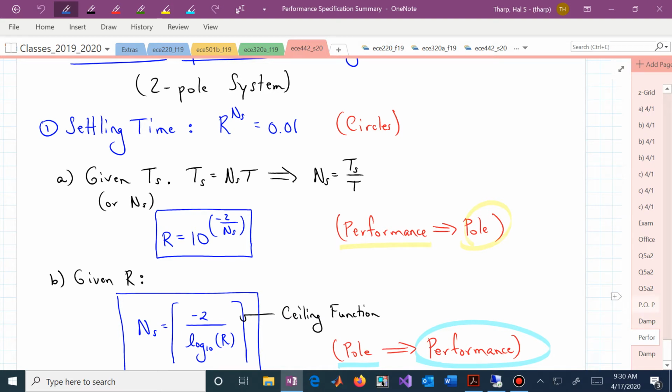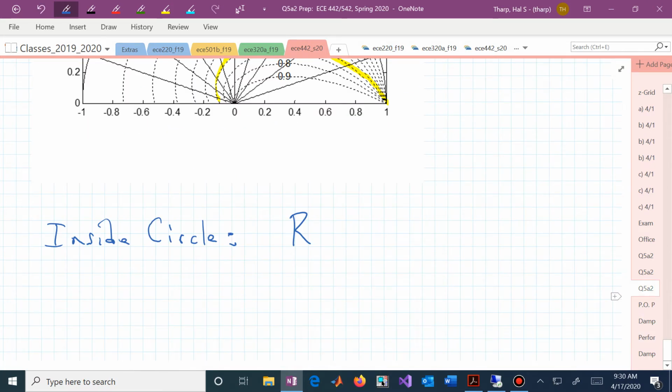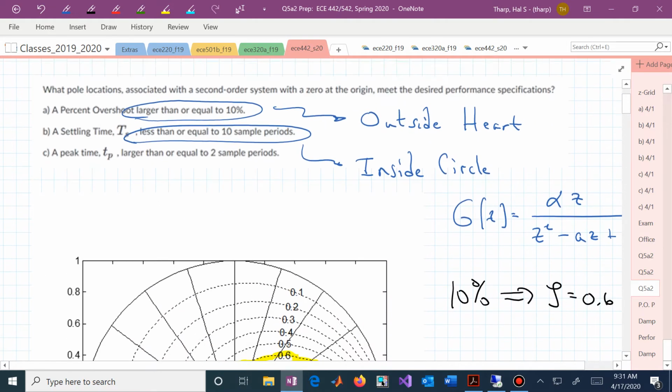So now that we have that, we're going to use this formula, and using that formula, I have to remember what my number was, and I forgot to put everything down, so bear with me while I try to calculate some of these values. But in this case, we're inside a circle, and I think N sub s was 10, wasn't it?